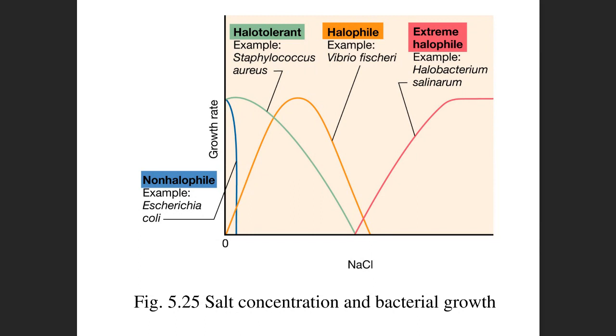But this tolerance is also related to their environment. Think about that. Our salt concentration in our gut hopefully doesn't change dramatically. And that's why E. coli doesn't have the ability to adapt to high salt concentration.